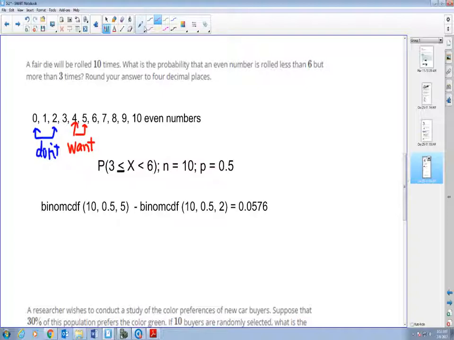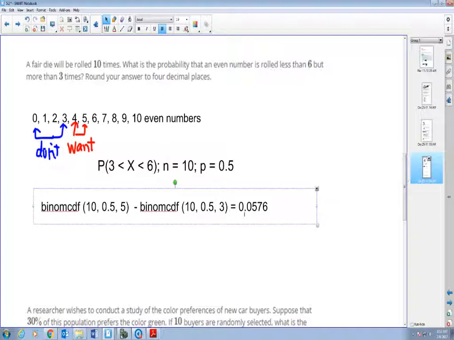What you don't want here is everybody else, but since I'm doing cumulative, I need to do it from 0 all the way up to 3. You see, just one number difference. That changes it up a little bit. So we go all the way up to 5, that's correct. But what I don't want is actually all the way up to 3, so that will only give me 4 and 5.